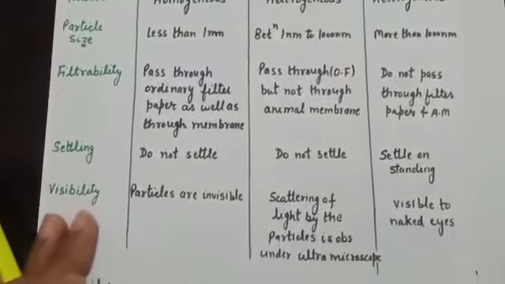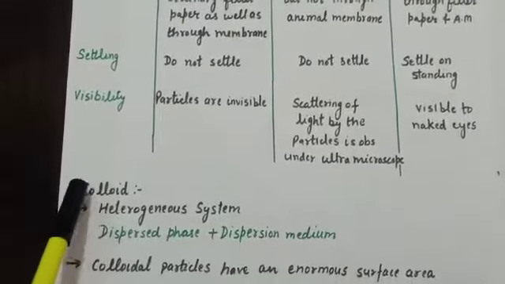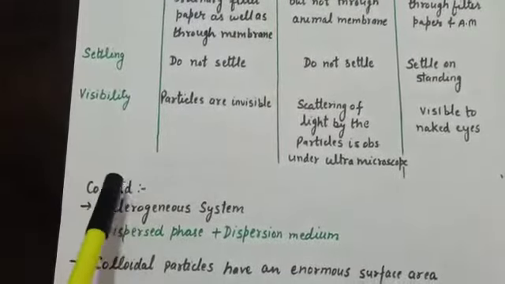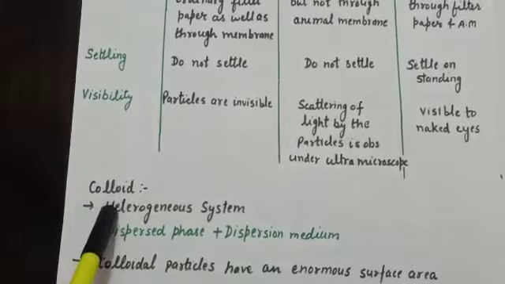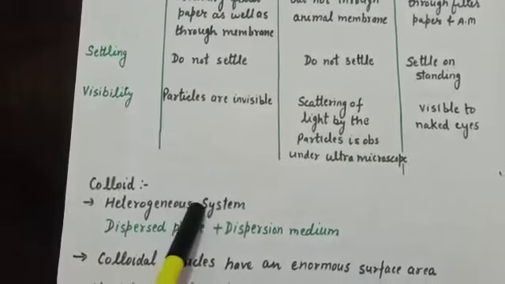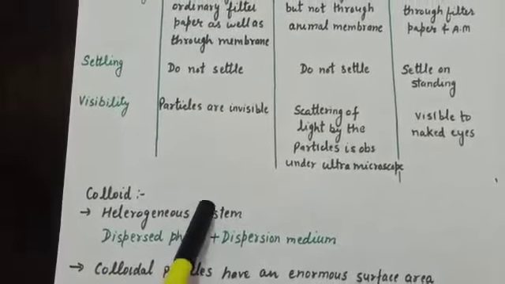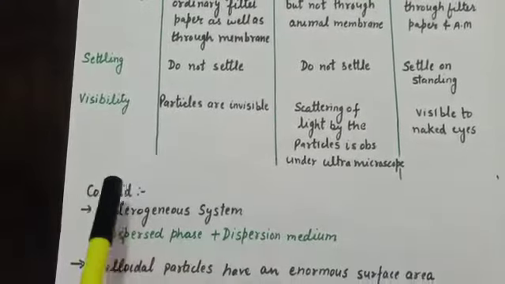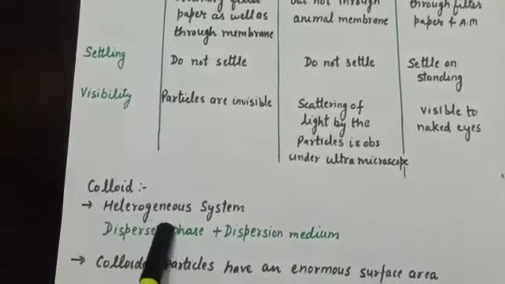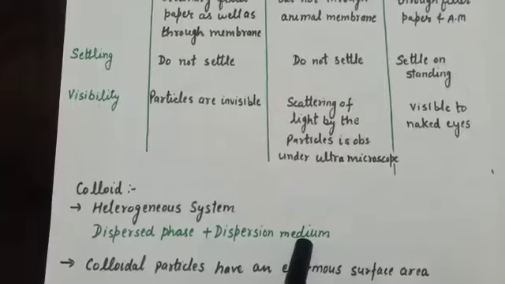Now after that we will define what is colloid. From here we can conclude that colloid is a heterogeneous system, and just as in solution we have solute and solvent, in case of colloid we have dispersed phase and dispersion medium.